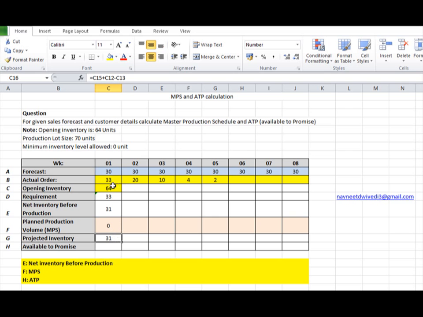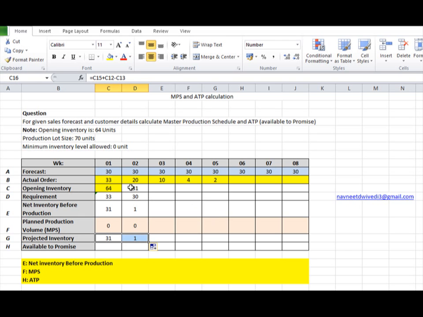31. Now the projected opening inventory for this week is the closing inventory of the previous week. So again we will have to copy this down, same formulas over there. Then again projected inventory.